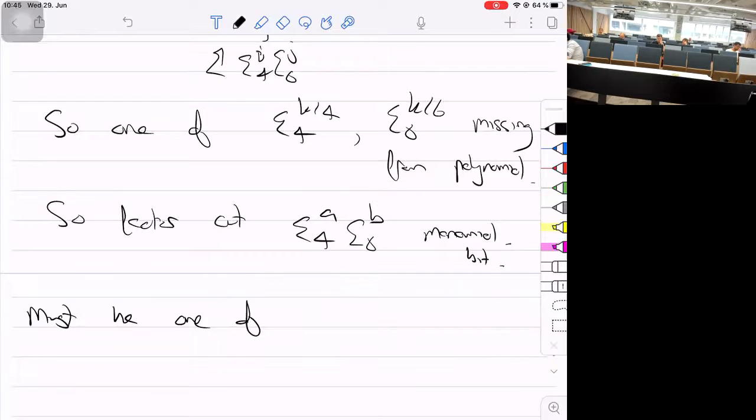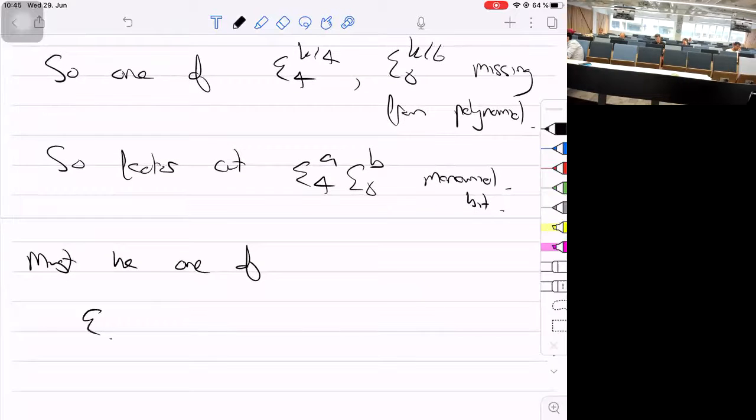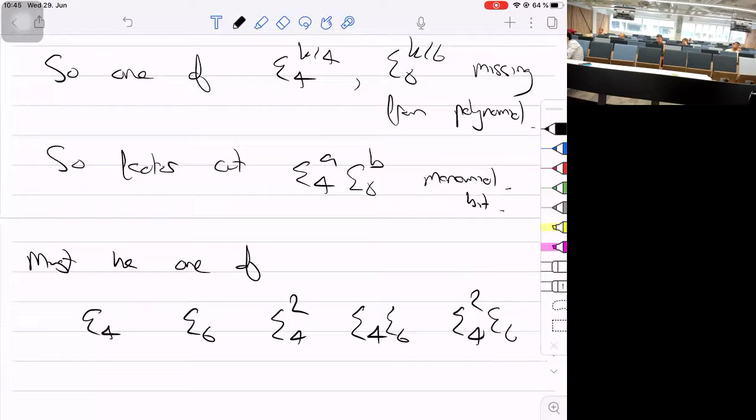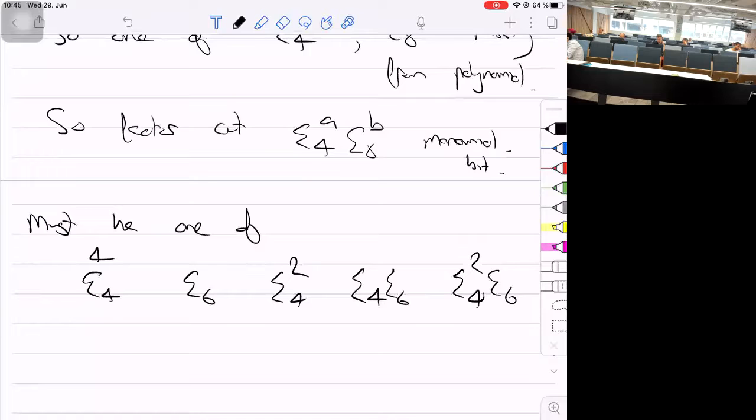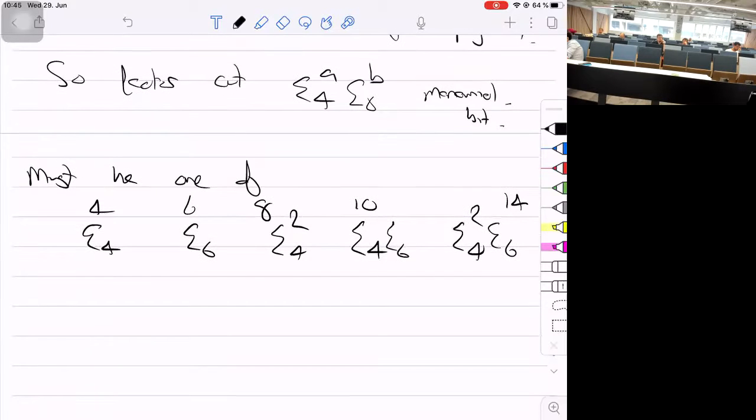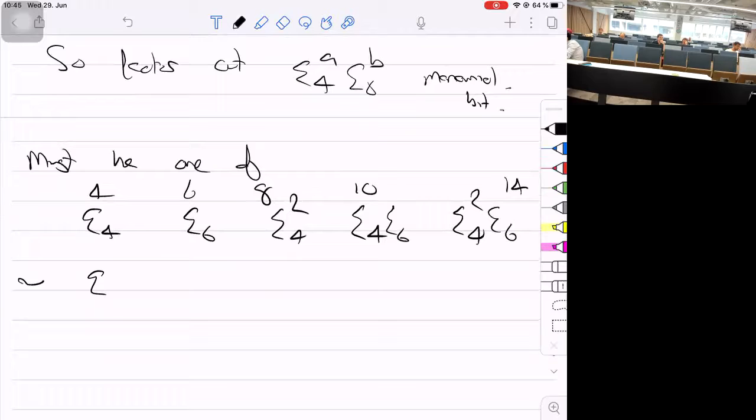And if you write it down a little more specifically, we have factored out something like E4, E6, E4 squared, E4 E6, or E4 squared E6, with weights 4, 6, 8, 10, and 14. You can check that each of these spaces of forms of that weight is one dimensional.